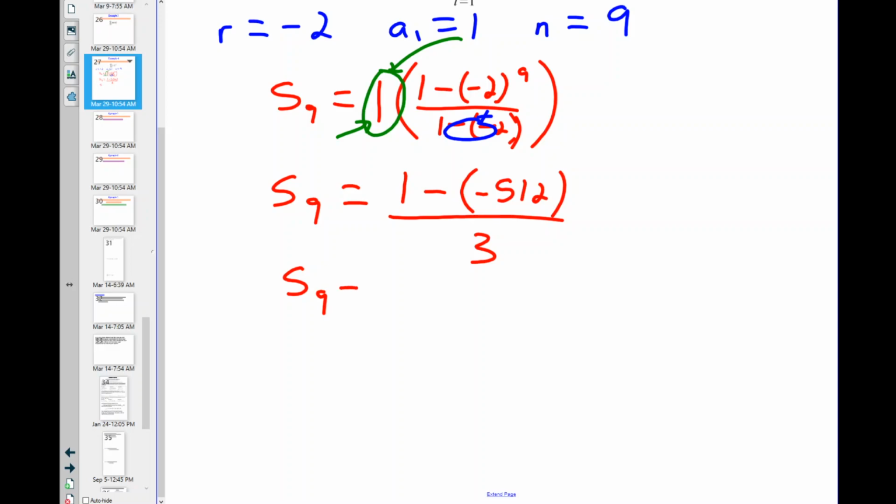So the sum of these 9 numbers is equal to 513, because this double negative became a positive, over 3. 1 plus 512 is 513. What'd you get? 171.